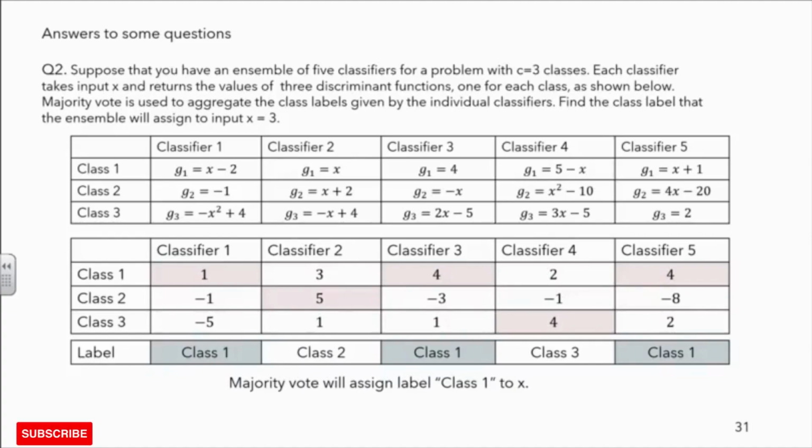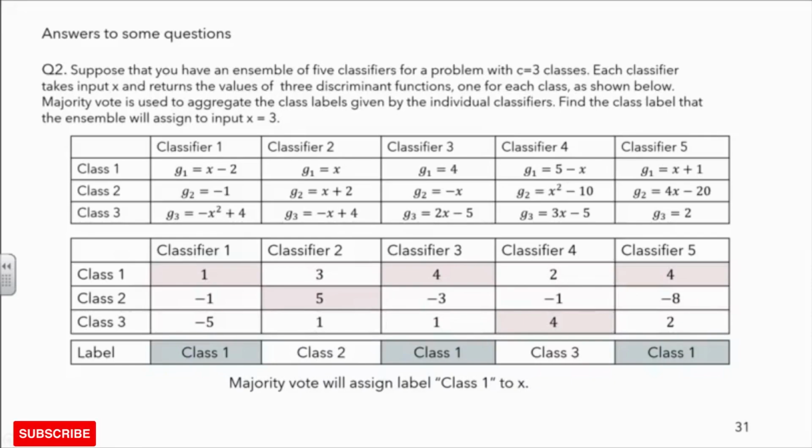I don't understand. Everything on the class 1 is positive. Well, I mean, on this one, because there are more, you are looking at the largest value. So classifier 1 has 3 functions here. So you replace the x's with 3.